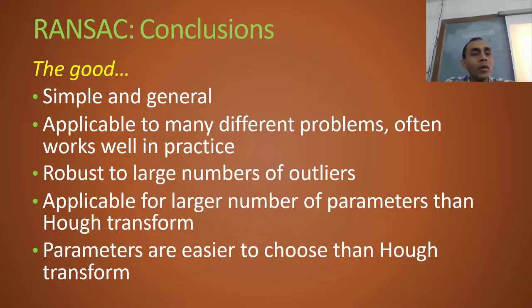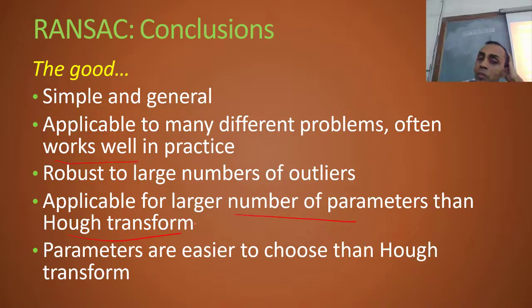So what are the good things about RANSAC? The algorithm is very simple and general. It can be applied to many different model fittings, and often it has been found to work well. It is robust to a large number of outliers, as large as 50%. It is applicable for a larger number of parameters than the Hough transform. In the Hough transform, if you have more than 3 or 4 parameters, the space becomes unmanageable.